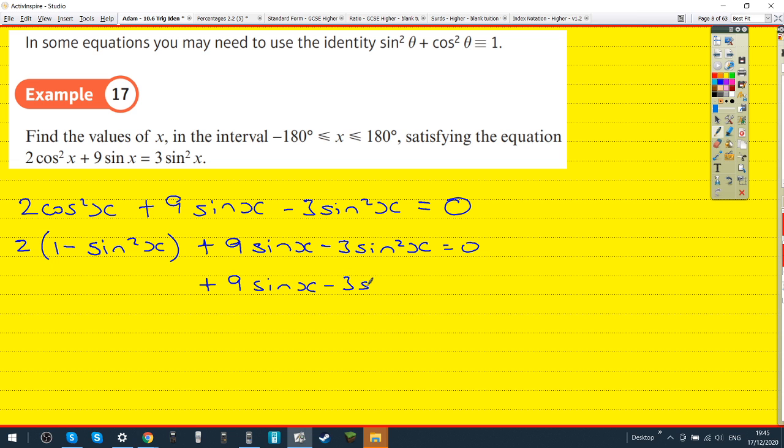And then you multiply 2 by the stuff inside the bracket, which gives you 2 minus 2 sine squared x plus 9 sine x minus 3 sine squared x.